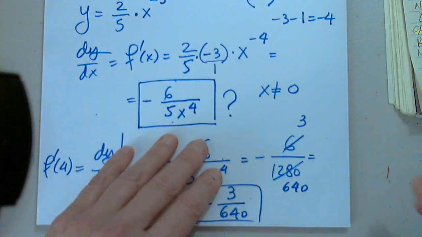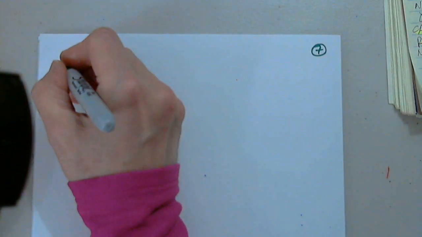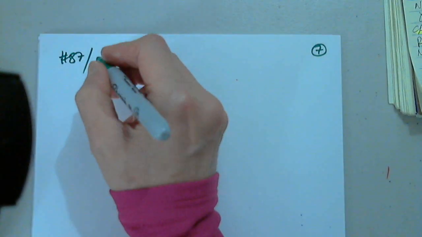So let me copy. I'm on page 7. So let's copy the function. So this was problem 87 on 155. And the function is W of t.